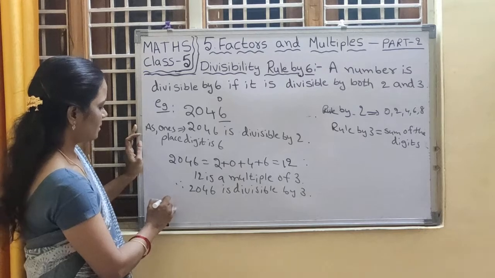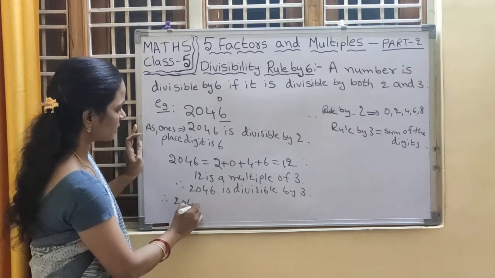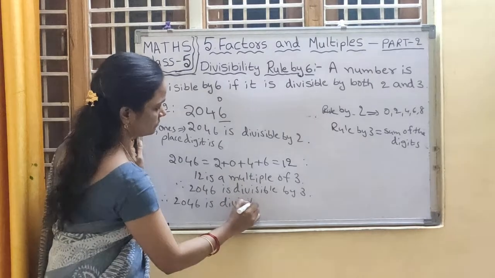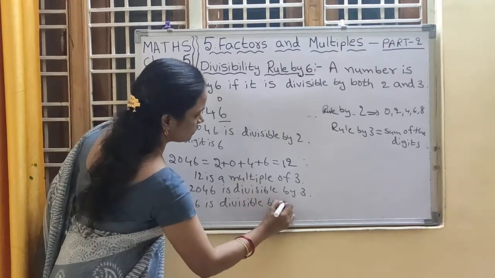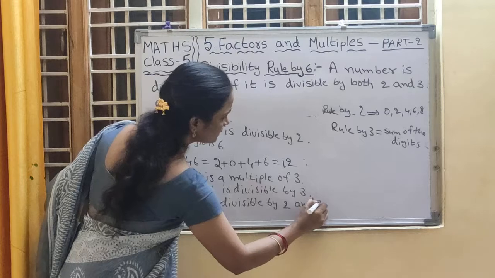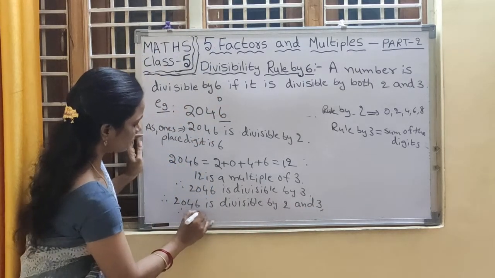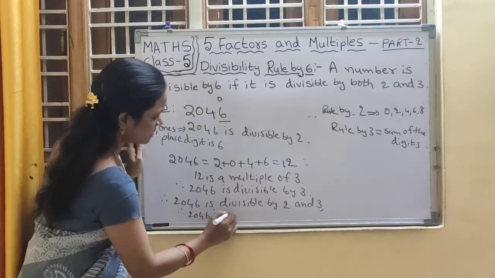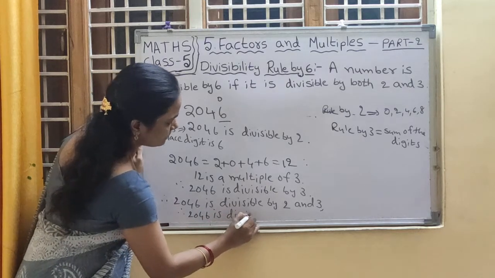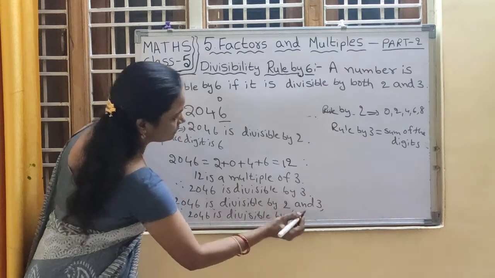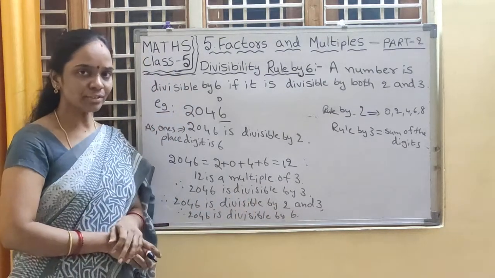Therefore 2046 is divisible by 2 and 3. 2046 is divisible by 6. Understood, children? Have you understood, all of you?